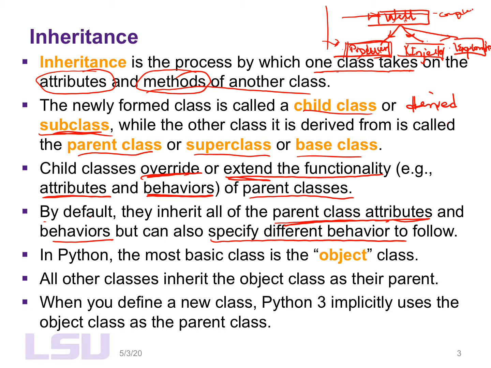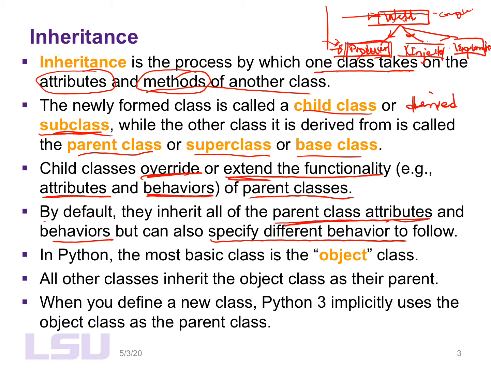For the producer, you can provide compute production rate, and maybe you don't provide that in the well. So you can add functionality, you can add more attributes, more properties to these child classes.